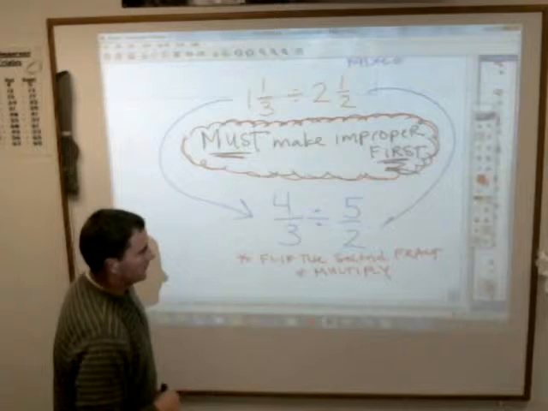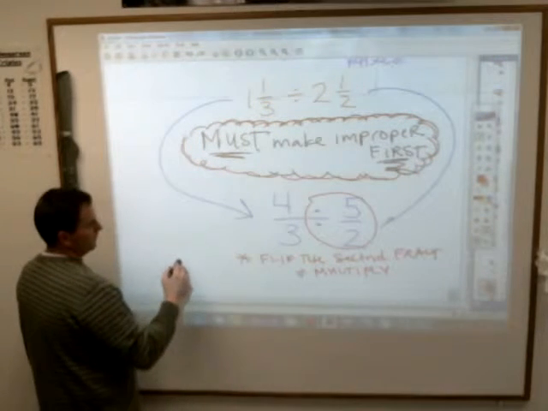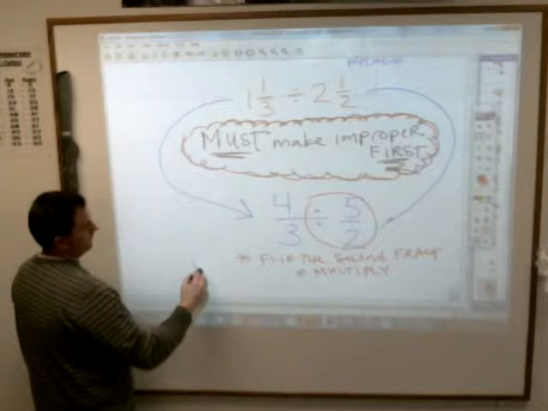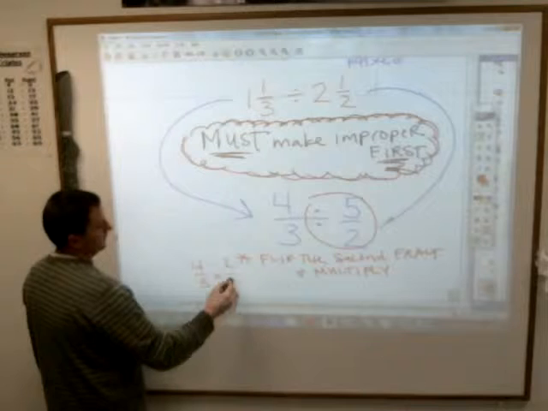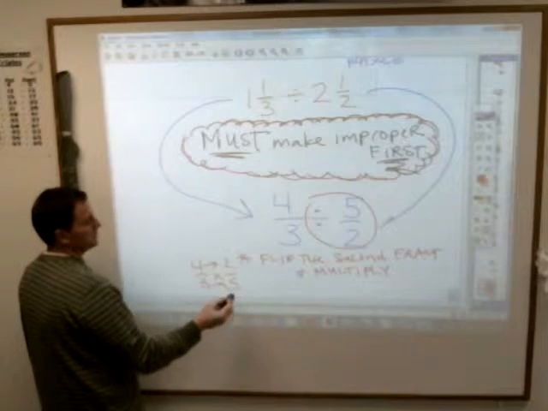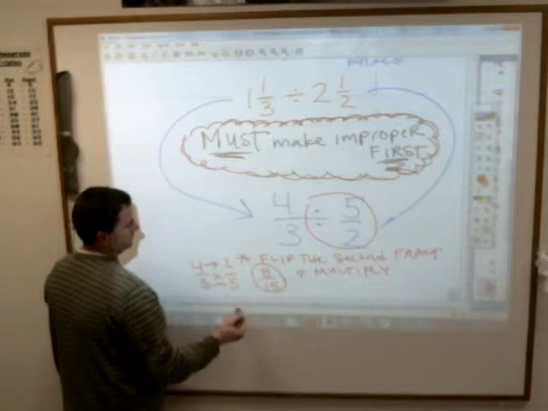Okay? Which means the second fraction gets flipped over. You end up with 4 thirds times 2 fifths, and you can just multiply across. 8 fifteenths is your answer.